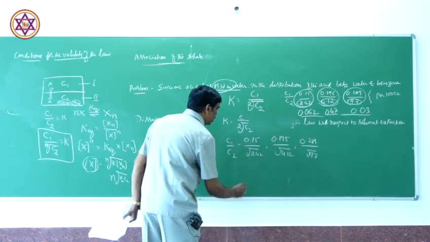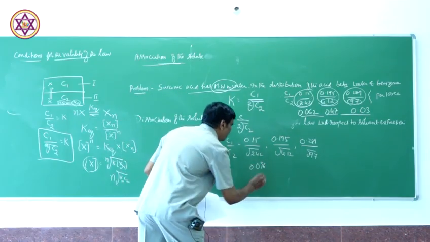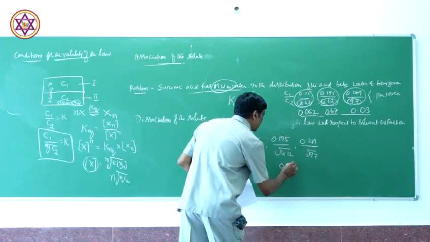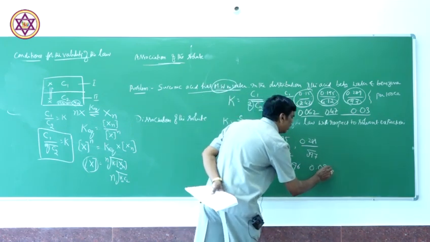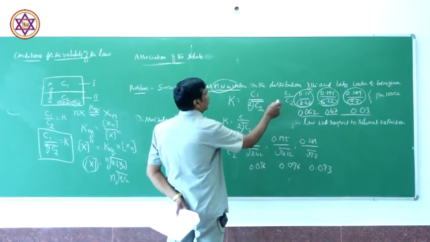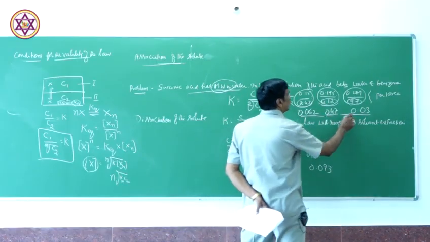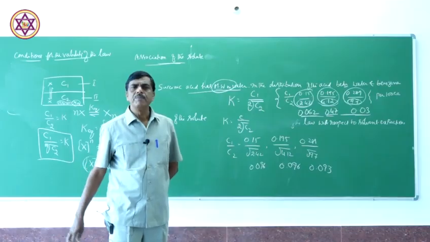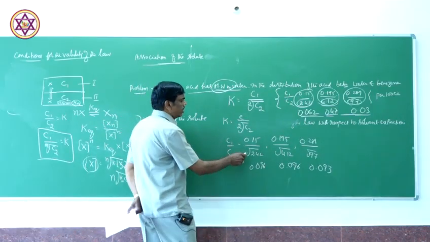Now, if you take this ratio, it is found to be constant: 0.096, 0.096 and 0.093. Now you see, if you take the C1 by C2 ratio, its value is 0.062, 0.047, 0.043, no constancy, therefore it will not obey the Nernst distribution law. Now you change the concentration into square root.